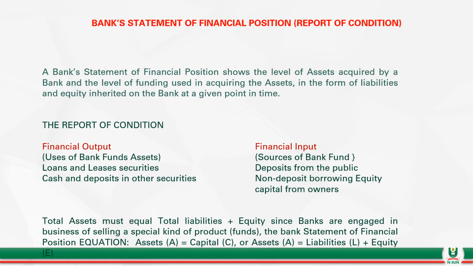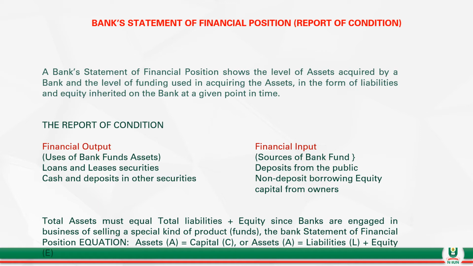And note that the sources talk more of the deposits of the depositors and the equity providers, whereas the users we talk about the debtors, the cash, the loans, and the leases. Don't forget that the total assets must be equal to total liabilities plus equity.